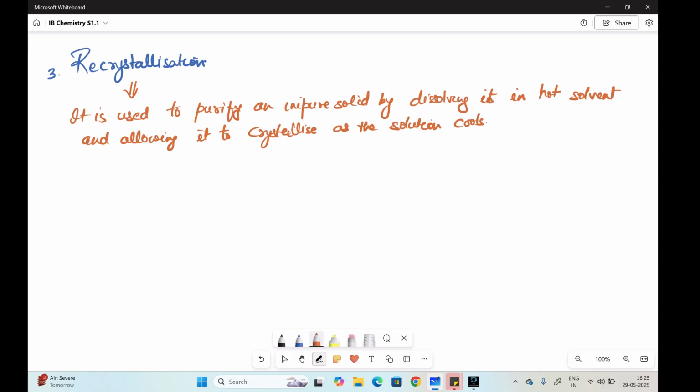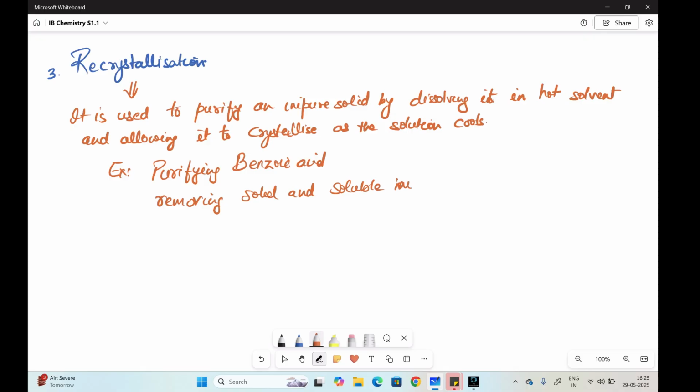Where we use this method, what examples where we are using recrystallization? Purifying benzoic acid, or removing solid and soluble impurities from a sample.